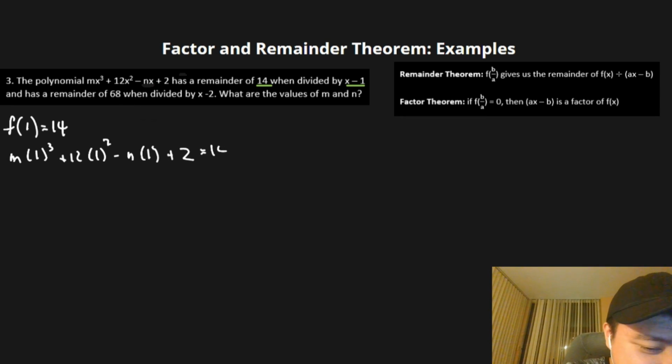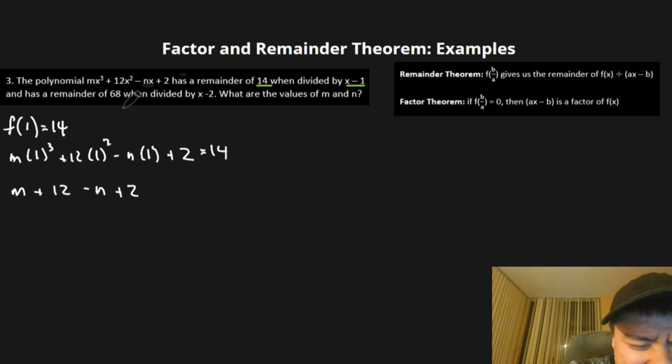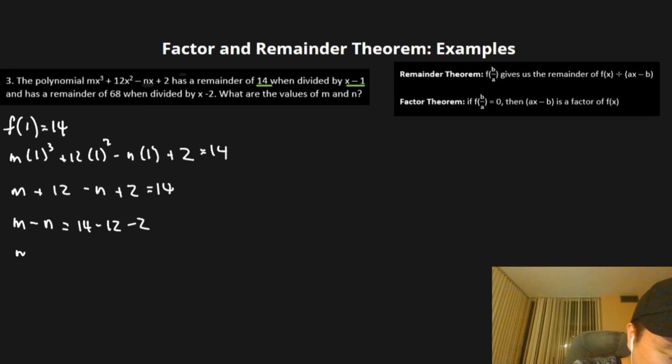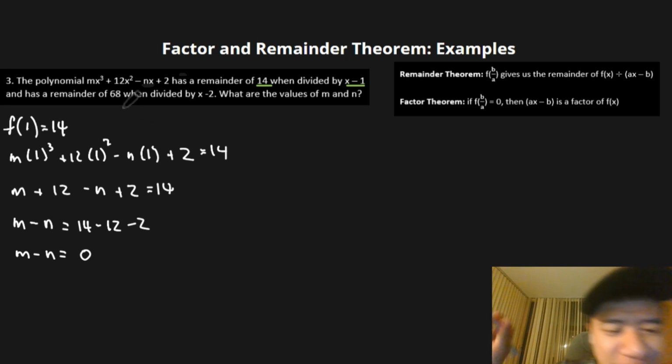We know this can equal 14. So we have m plus 12 minus n plus 2 equals 14. Let's keep going. We don't know where this is headed, but we can at least simplify everything first. So we have m plus n equals, oh nice, 0.